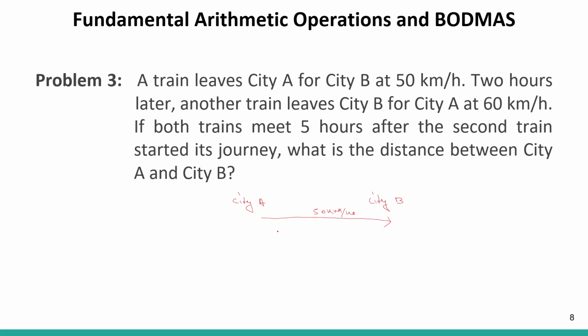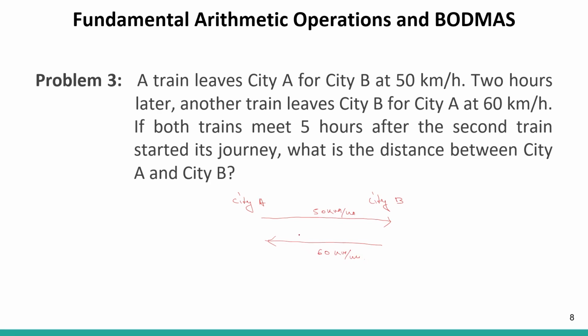After 2 hours, another train left from city B for city A at 60 km per hour.